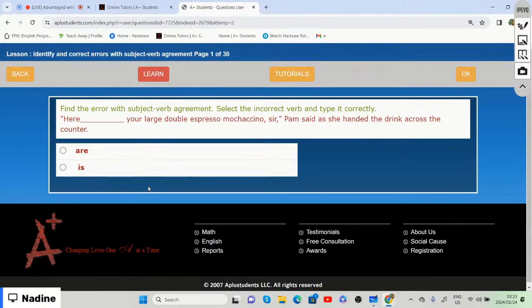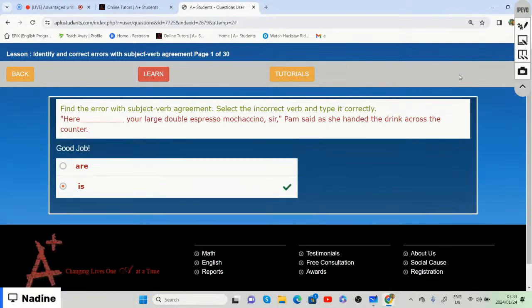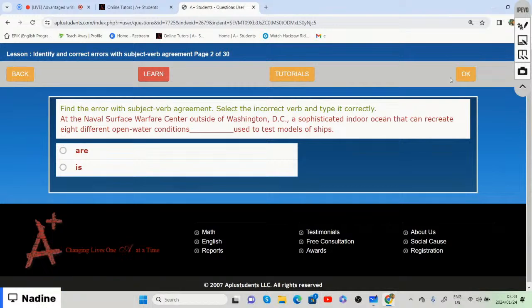Do we say here are your large double espresso macchiato, or here is your large double espresso macchiato, sir, Pam said as she handed the drink across the counter. So if we are making mention of one drink, then we're going to say, here is your double espresso. And is correct.